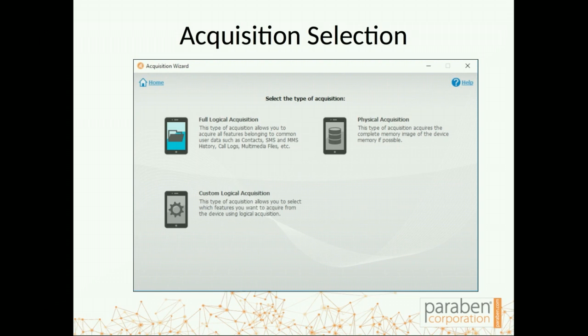This is great in a consent situation where people usually have about a 20-minute window where they're willing to give consent for you to look at their device. It allows you to focus that acquisition on those particular items in those 20 minutes. So in this case, where we're focusing on apps, it would allow you to acquire just the apps from the device, and then you could ignore the other items. So you made sure you got the most data that you were interested in that window of time.